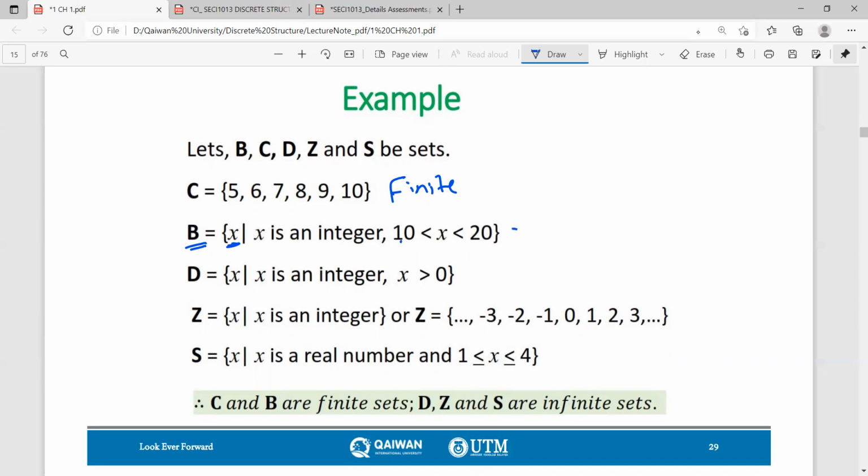It equals 11, 12, 13, 14, 15, 16, 17, 18, 19. This is set B. Here we have 9 elements in it. We have 9 elements in the set B, so we say B is also finite.